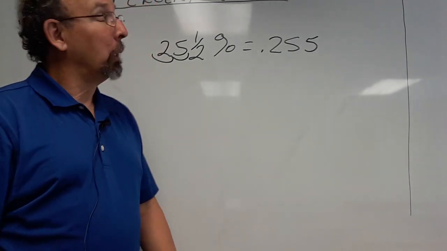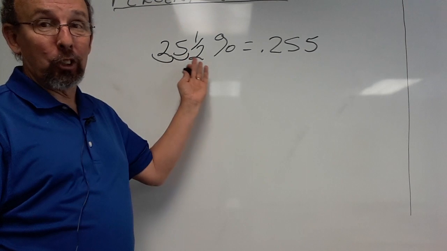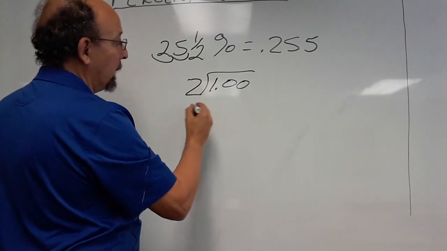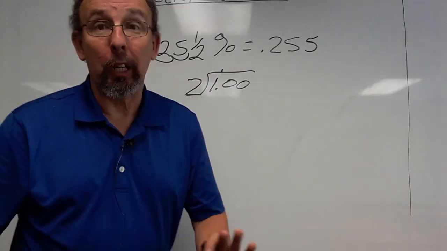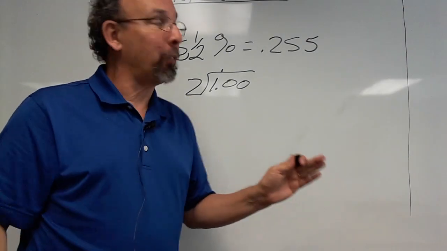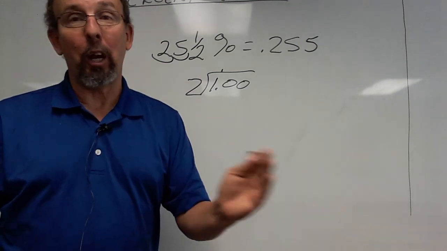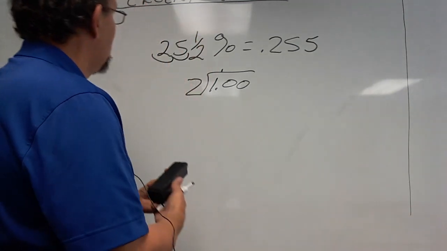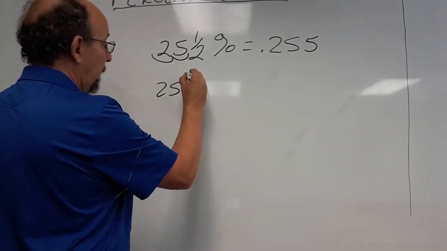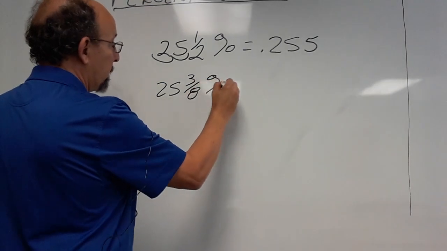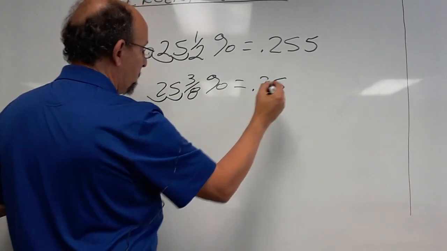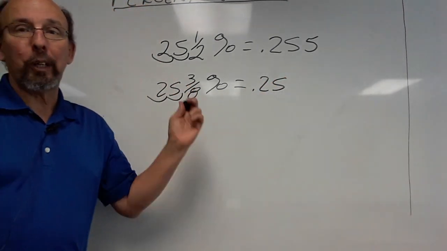It's really pretty simple, but if they don't know that decimal fraction chart, then they have to change that fraction to a decimal the hard way by dividing. And the students hate division. They just do. That's why it's so much easier to memorize the chart. They don't have to take the time to do this, saves them time in their homework and so on. Also, say for instance, it was 25.375%. That equals, again, 1, 2, still have my 0.25, but now I got to add the decimal equivalent for 3/8.